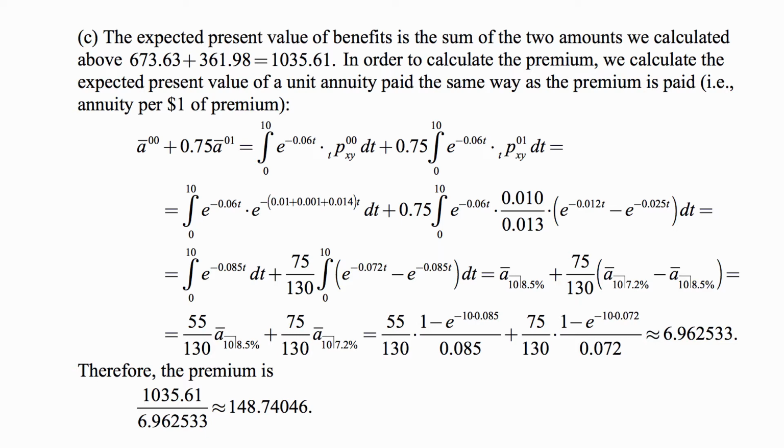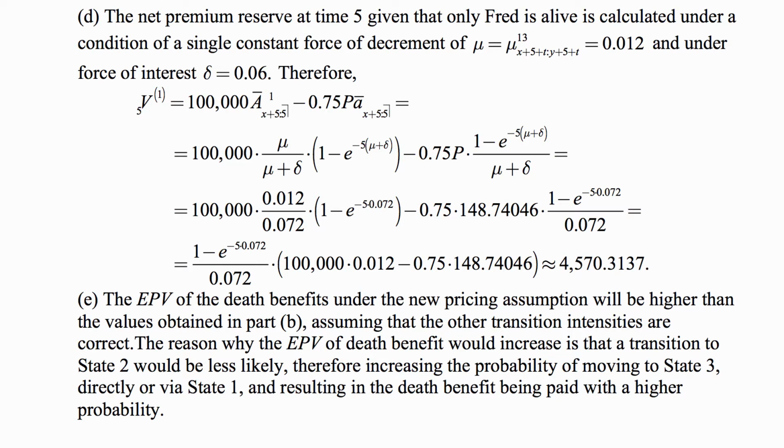For Part D, the net premium reserve at time 5, given that only Fred is alive, is calculated under a condition of a single constant force of decrement of mu13, which is 0.012, and under force of interest delta of 0.06.